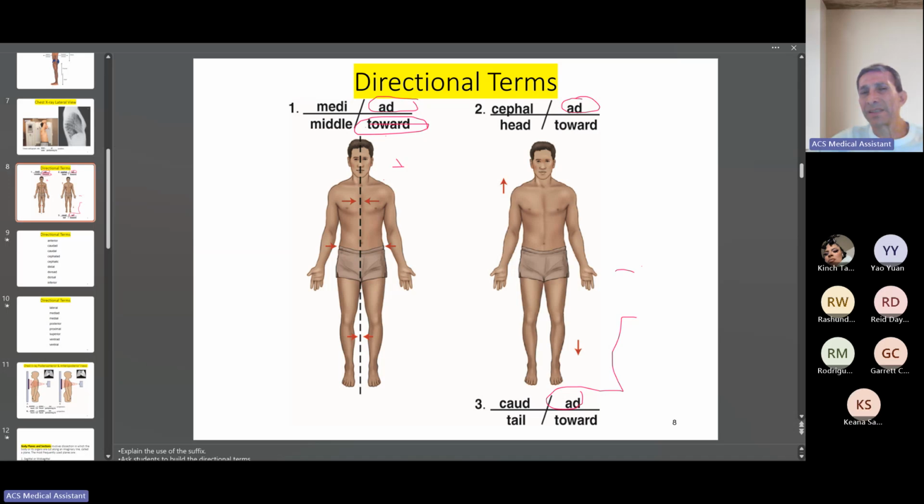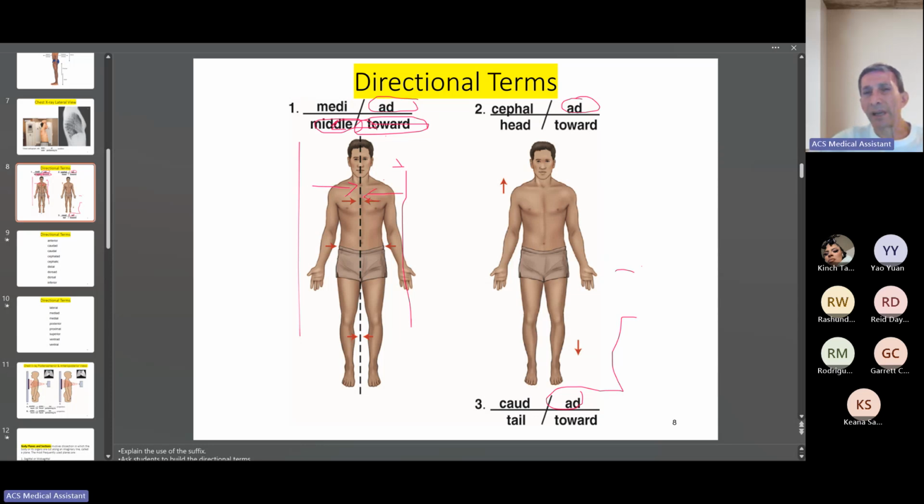So medi means medial or middle, as it says right here, middle. So towards the middle. So we're moving something towards the middle. If you see something starts from the lateral part and it moves towards the middle, towards the center, that's what it's telling you.